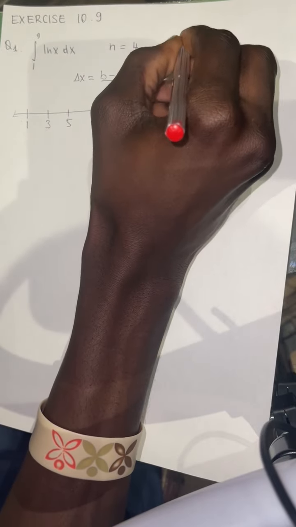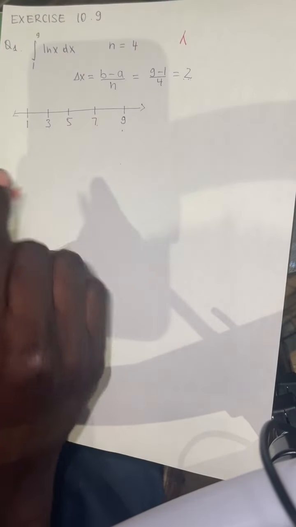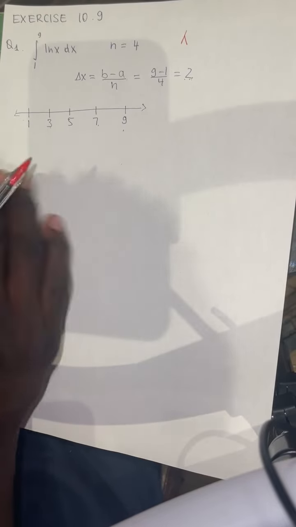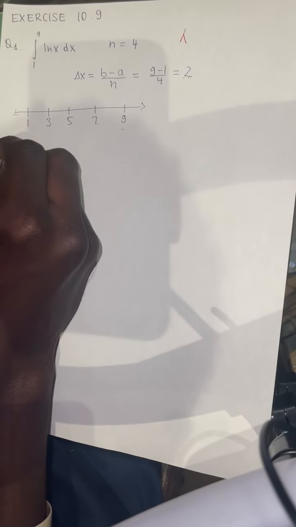Now, in your textbook, you see they already put this notation, which is lambda. The meaning of lambda is the coefficient of the rule. So let me write down the formula of Simpson's rule.